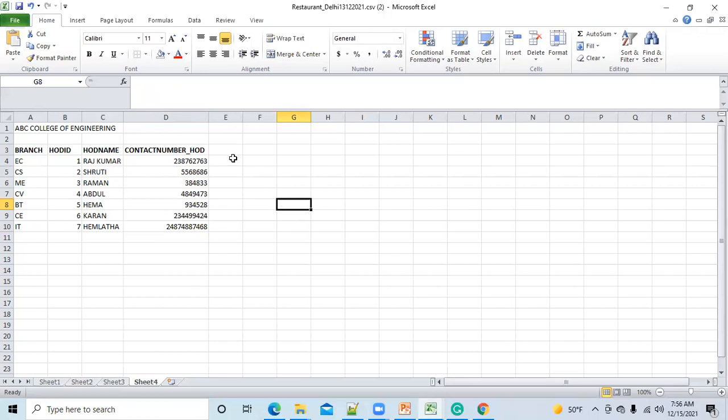Address also you want, okay? Address maybe Delhi, Kolkata, Chennai, Hyderabad, Bangalore, Kerala, Mumbai. What else?